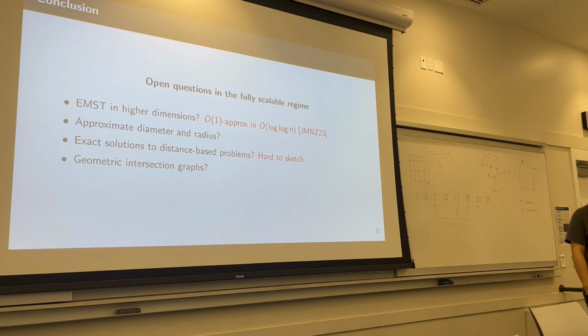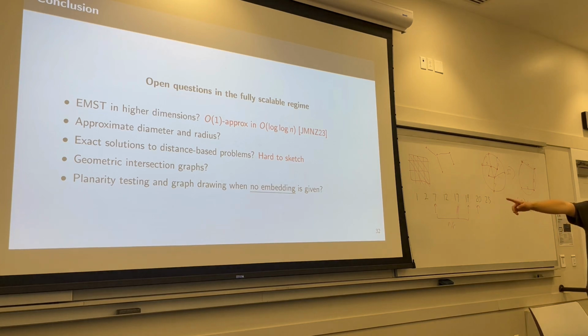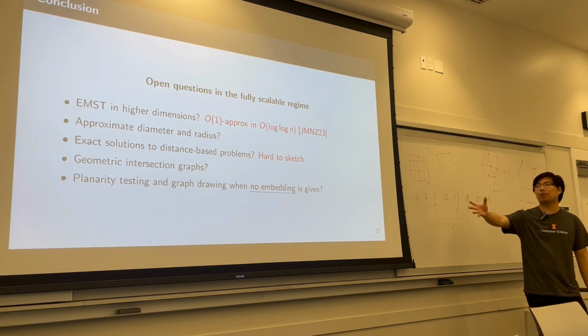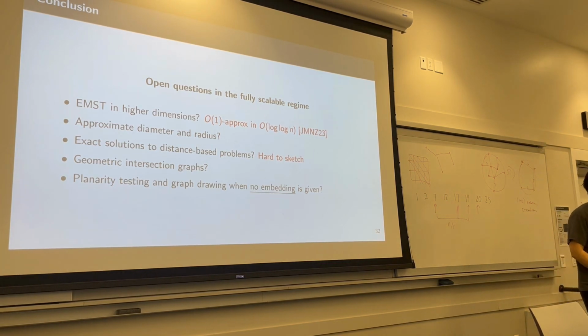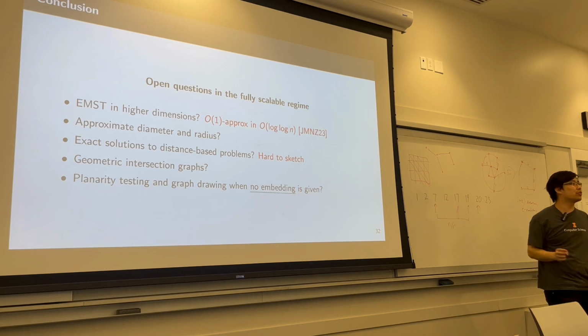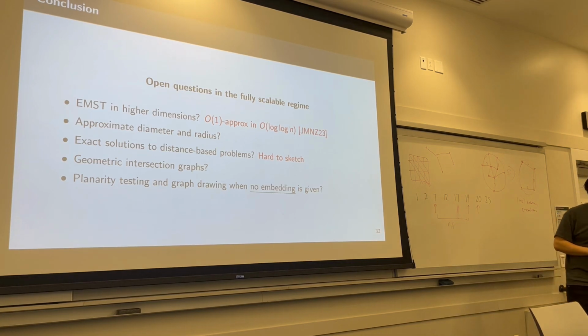Maybe it'd also be interesting to ask questions in geometric intersection graphs, because they also have good separators. I think it's not even very well understood how to do things like planarity testing or graph drawing when you don't have an embedding to begin with. Our results imply that you'll probably need log n rounds unless you're going to break the 1 versus 2 cycle conjecture in some way.